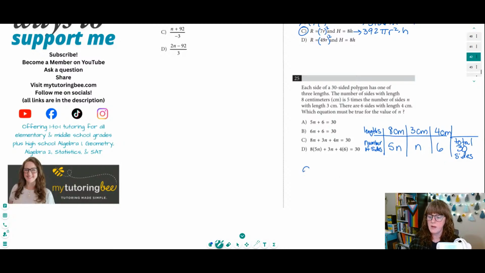Right? So if we added all of these numbers of sides, that would equal 30. And then we can do some simplifying here. We get 6n plus 6 equals 30. And then we could go ahead and solve that, but that's not exactly what they're asking for. They just want to know which equation we would use. So that would be it.